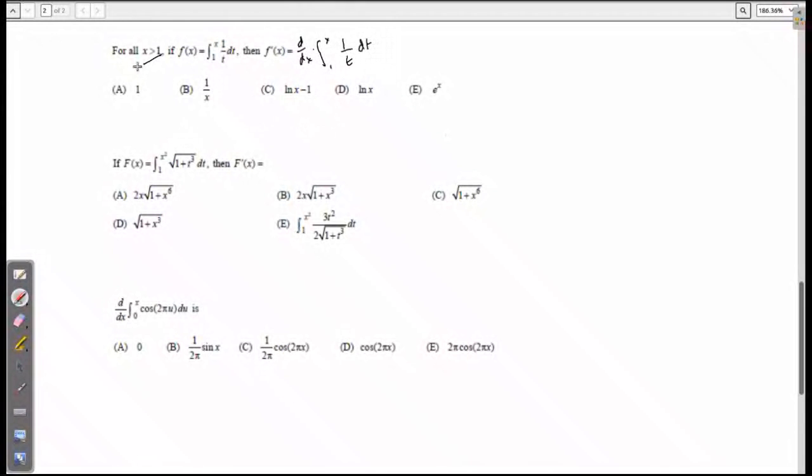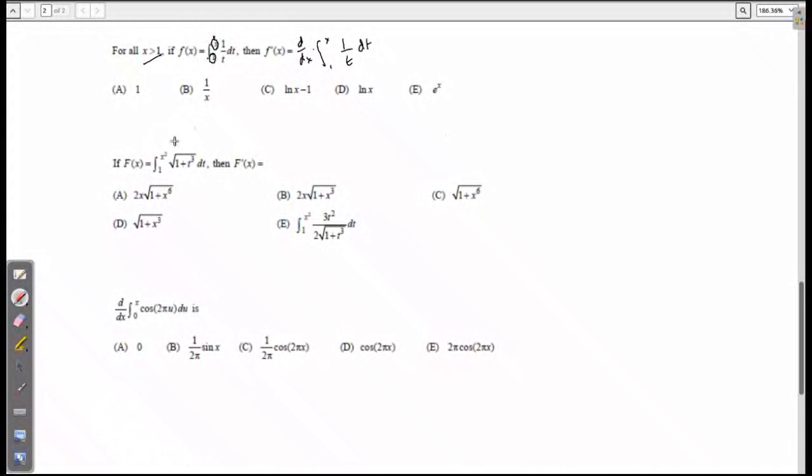And they specify this x is greater than 1 for two reasons. One is if x is equal to 1, then I run into the problem that the integral is 0. And if x is less than 1, then I run into the problem where these are in the incorrect order.